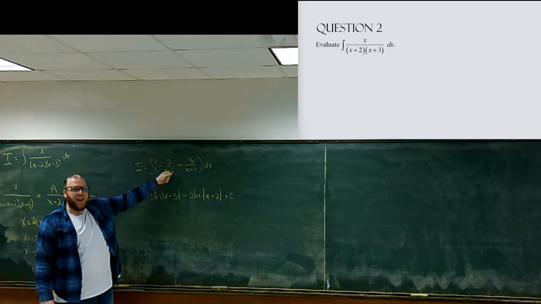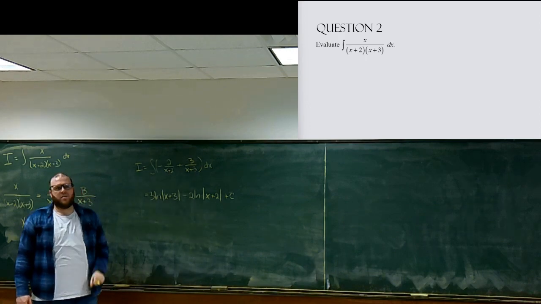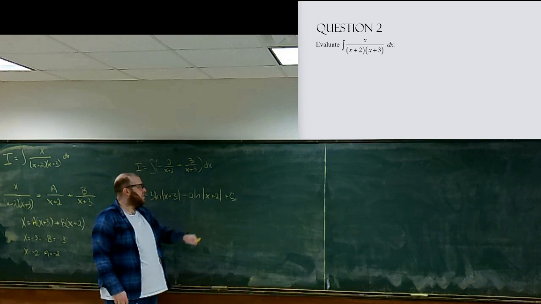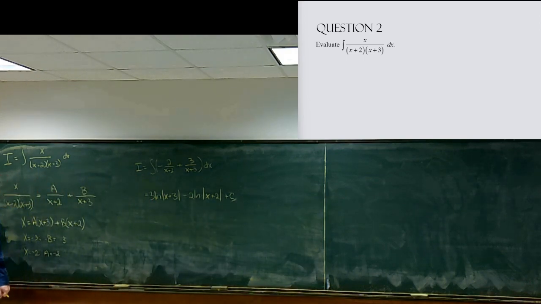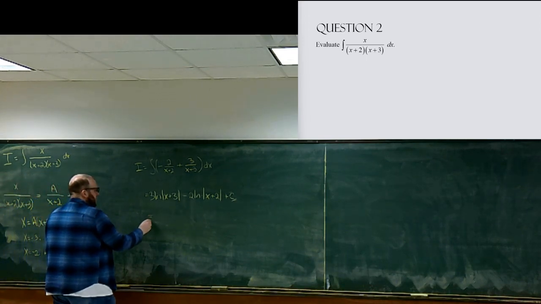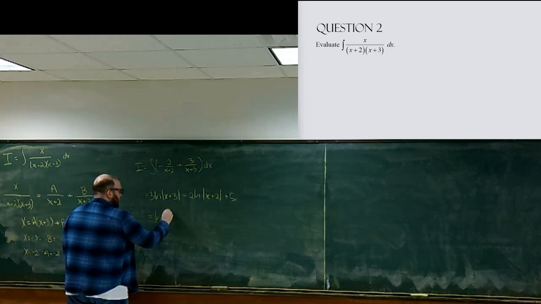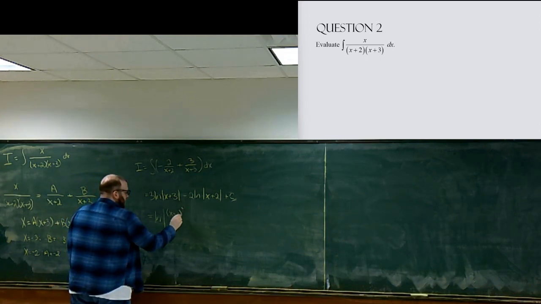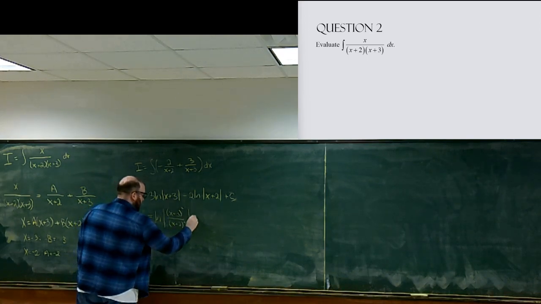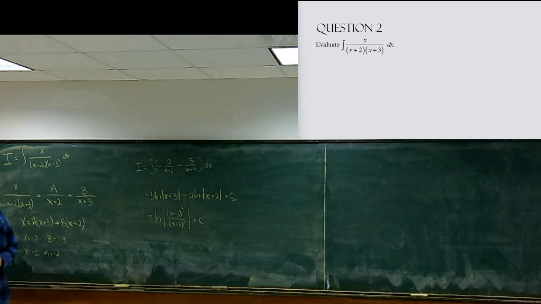This antiderivative, -2 log of absolute x plus 2. There's the antiderivative. You can write that as a single log, but it's going to look hideous. It would be that.